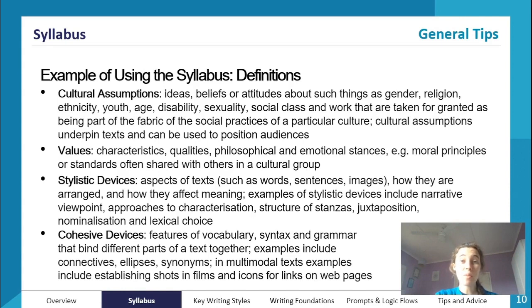And then synonyms, of course, words that mean the same things as other words. So then, of course, you've got multimodal examples as well, if that's what you're doing in your assessment task. So seeing these things can make those things that we don't understand a lot clearer. So I definitely recommend using the syllabus to your advantage.